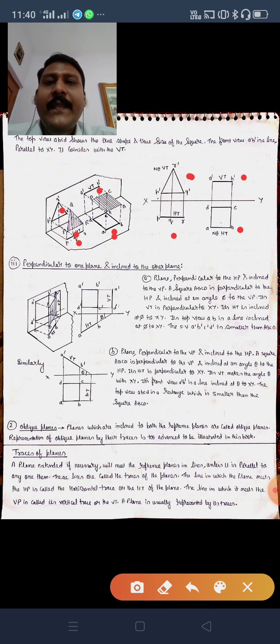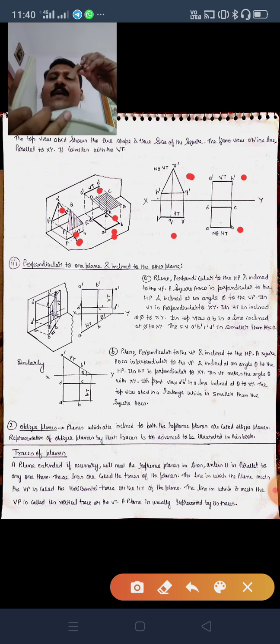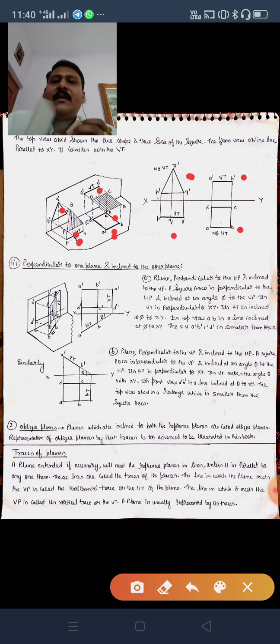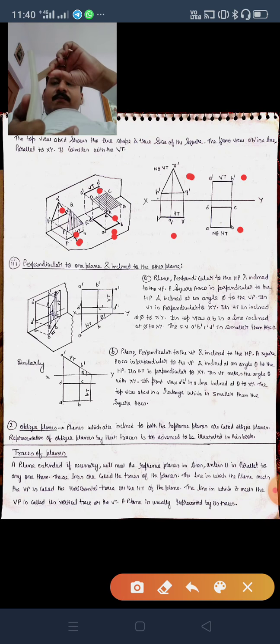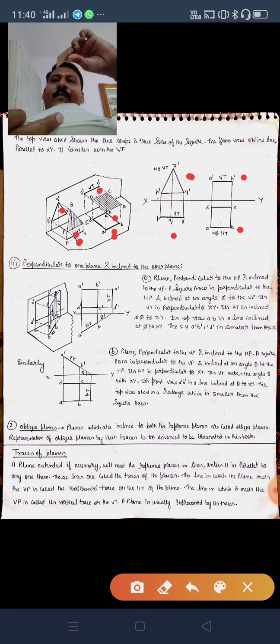Now another clue which I am giving, please note all these clues. Now this is kept simply, this square, this triangle. Now suppose this square is kept like this, inclined to VP.